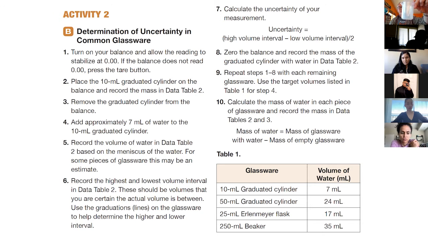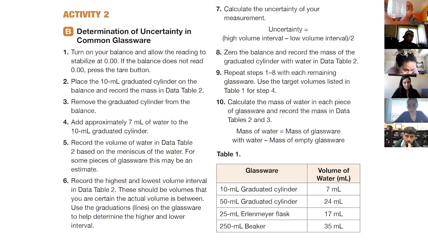And you'll find out pretty readily that this is a really crappy way to measure 35 mils, for the pretty obvious reason that on the 250 mil beaker, what's the very first volume on the side here? Hopefully you've got 50. 50, right. So there's literally nothing between 0 and 50. So you're going to have to eyeball what you think 35 is.